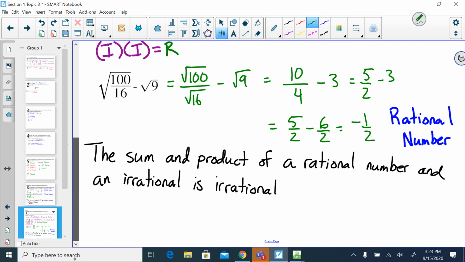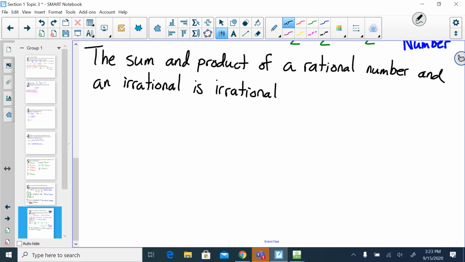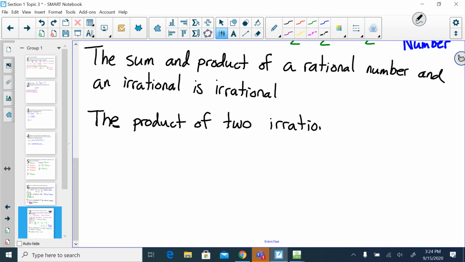So the product of two irrational numbers is sometimes irrational.